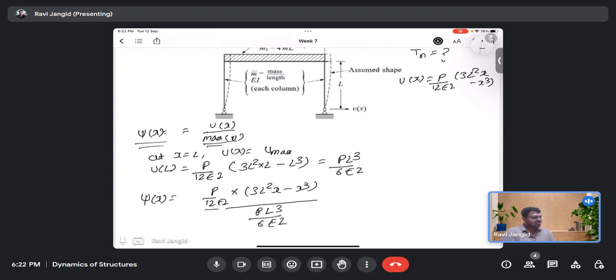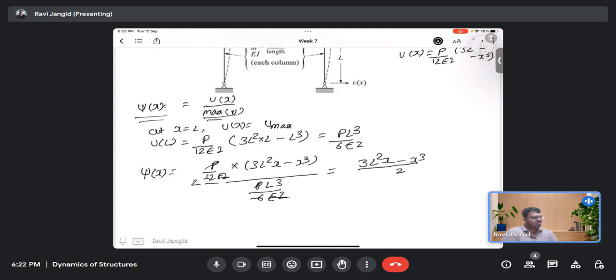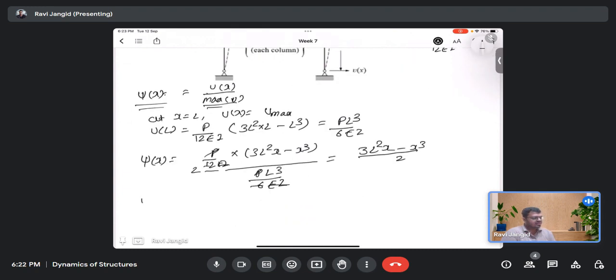So EI will cancel out, P will cancel out, and 6 also will cancel out, so that becomes 2. So that becomes (3L²x − x³) by 2, or I can further simplify it as psi(x) equal to 3 by 2.